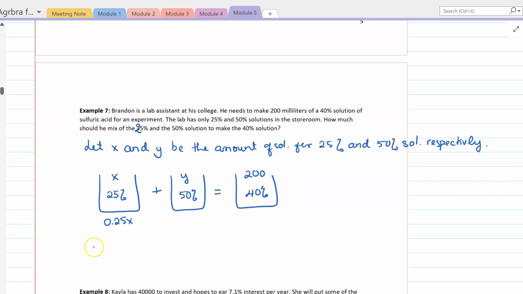Okay, so 0.25x, that is the amount of x's, 0.5y, and this is 50. Okay, so here you have one equation, here you have the other. x plus y equals 200, and 0.25x plus 0.5y equals 50.